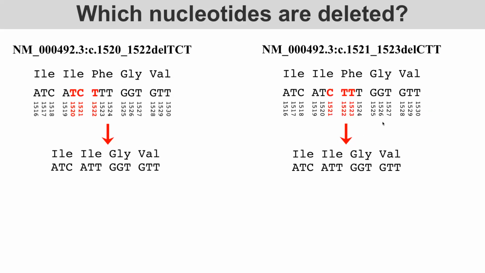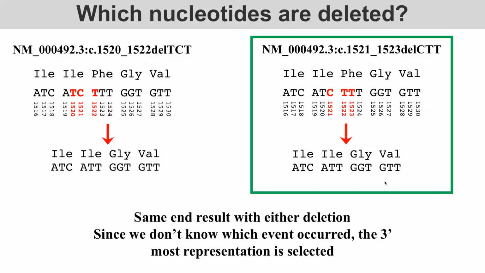Because if you're just sequencing a patient and you get this sequence, you don't actually know which event really occurred. So HGVS has decided that you would always use the most 3' representation. So in this case, because 1521 is downstream of a position that was started at 1520, we would use this expression to show that it's a CTT deletion as opposed to a TCT deletion, because you're getting the same result either way.